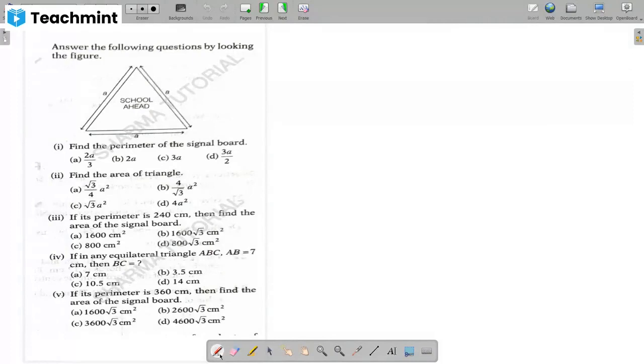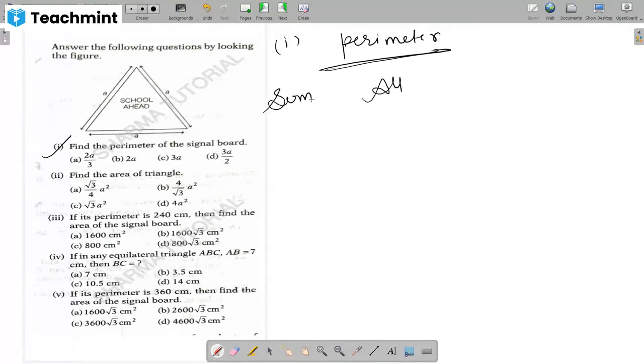See the first question. The first question is, find the perimeter of the signal board. We know that perimeter means what? Sum of all the sides. It's an equilateral triangle with side A. Here sides are given A units.